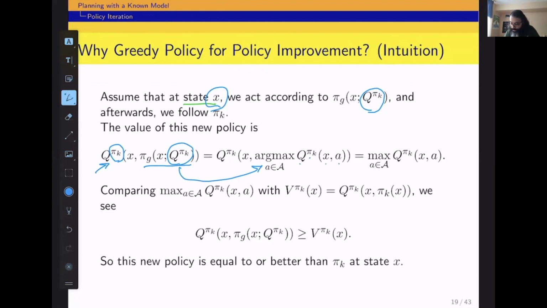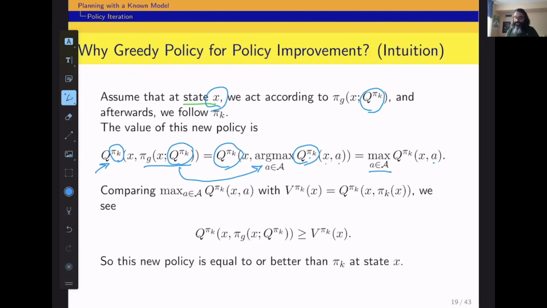Notice that both of them are the same q of pi k. Here I'm choosing the argmax as the action, which means that the selected action maximizes that function. So this is equal to choosing an action that maximizes q pi k of x and a.